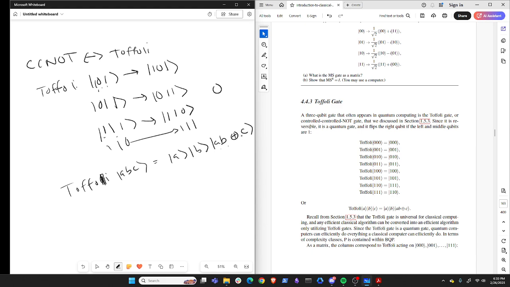C was 1, the original third qubit here was 1. So 0 XOR 1 is 1. So C stays the same.